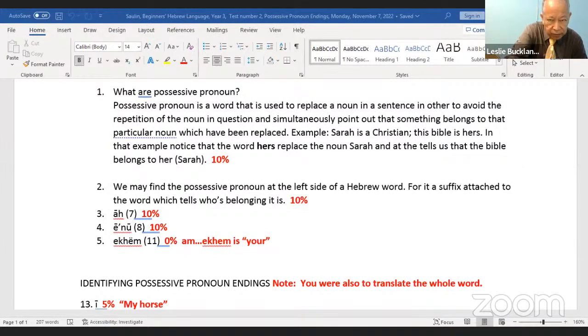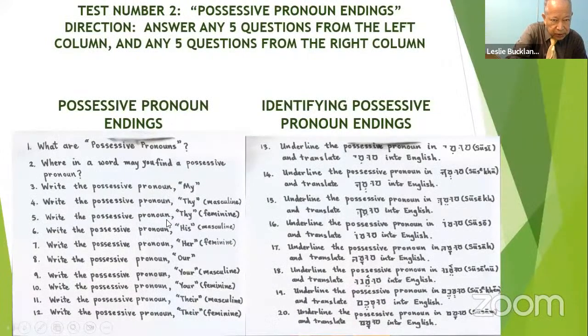That's number 5. Number 5, write the possessive. Oh, no, it's not there. Number 11, you are answering number 11. Write the possessive pronoun there, masculine.